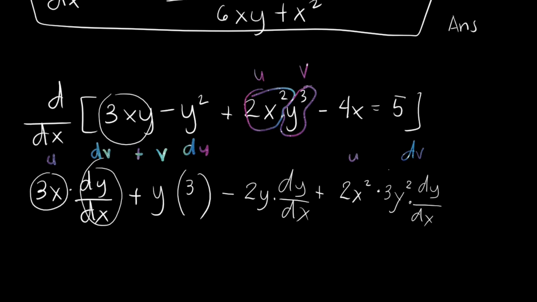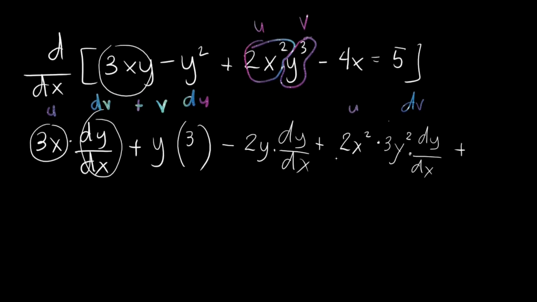Tapos, plus, so, siguro hindi na siya kasya. So, ilalagay na natin sa baba. Kailangan naman natin si v du. Ito naman lagi. u dv plus v du. So, si v mo ay si y cube. At sino ba si u mo? Si 2x squared. Tama? So, anong derivative ni 2x squared?